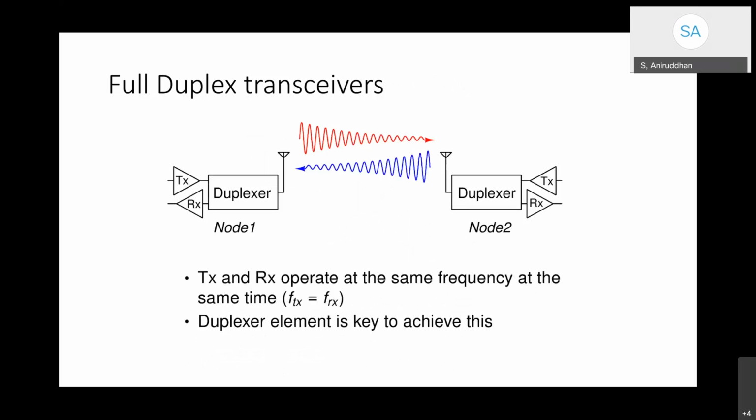Now, full duplex transceivers aim to design systems that can use the antenna for both TX and RX at the same frequency and at the same time. So in other words, the transmit and receive frequencies are exactly the same. So obviously this duplexer element is extremely important because it needs to make sure that no part of the TX reaches the RX.